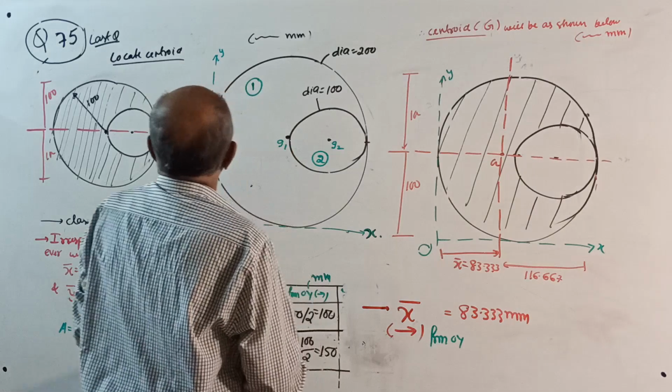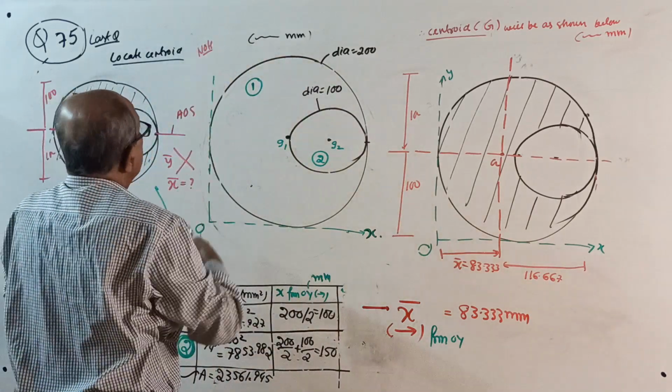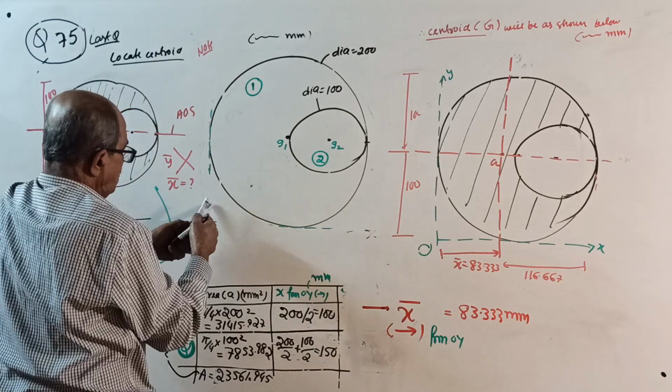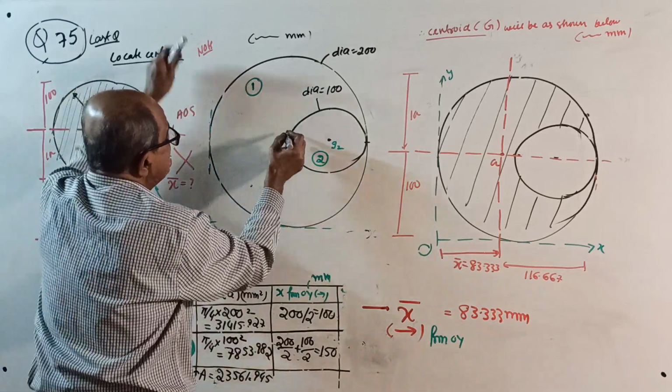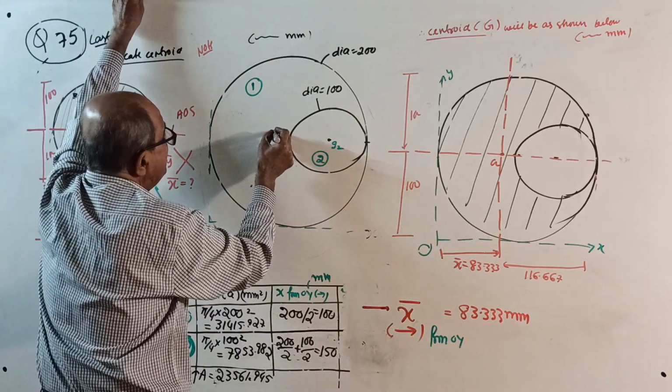Now do one thing, make a note. In this question also, suppose we change the origin. Suppose you take the origin exactly through G1, the center of the circle, and make that itself the origin.